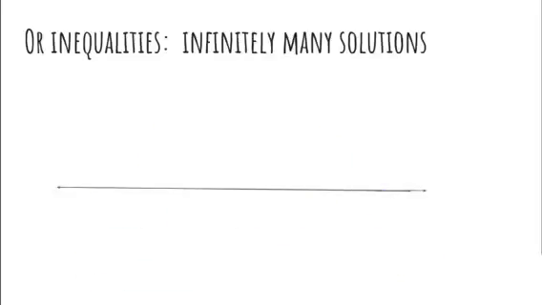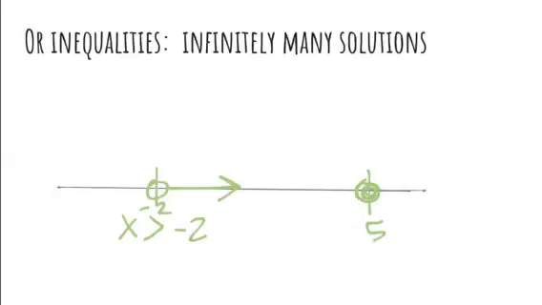Moving on to infinitely many solutions. You might have this. We might have x is greater than -2. And we'll make this 5. x is less than or equal to 5.